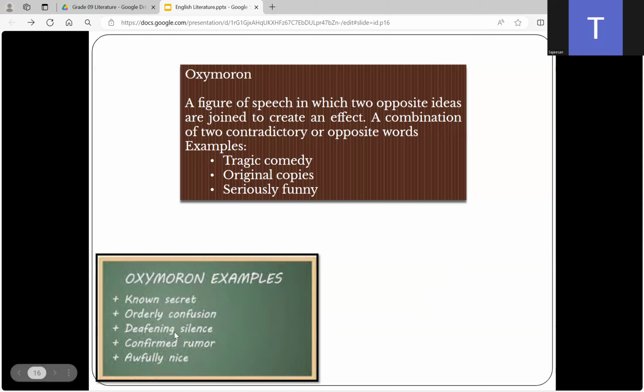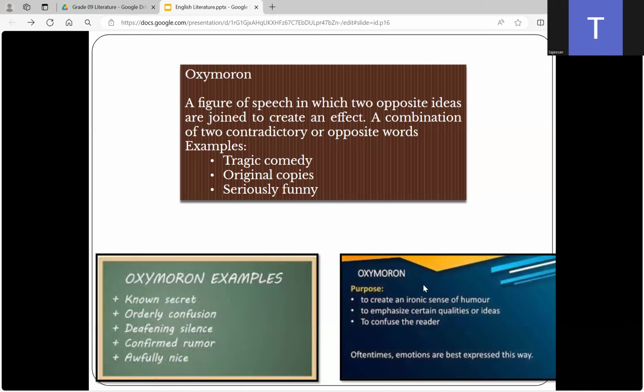So the deafening silence, that means if there is a silence that you do not like, you are expecting someone to speak, but no one is speaking, then you can say deafening silence to express the unpleasantness of the situation, right? Awful is very bad. How can it become nice? Awfully nice. So these are the examples for the use of oxymoron.